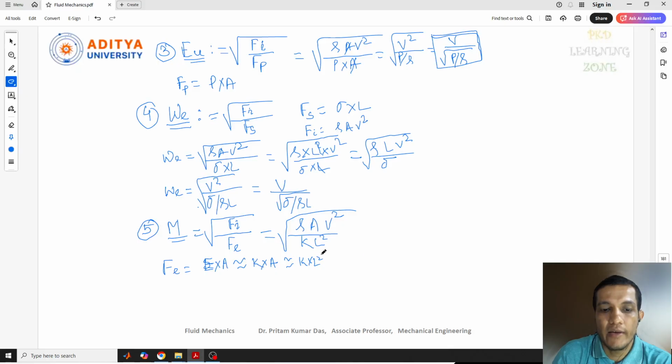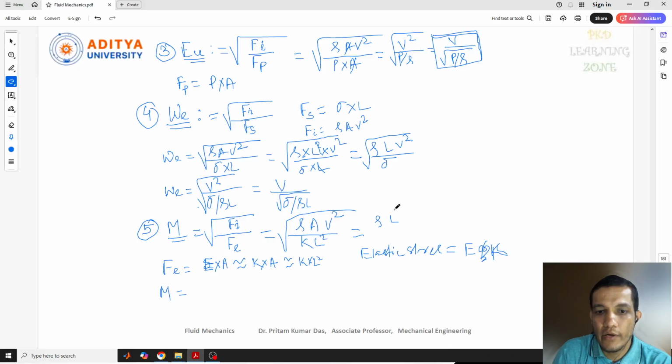Now K is what? K we can define, this is elastic stress. K is nothing but elastic stress. This one we can write E or K. Okay, now just cancel this one. We can get M equal to, let me write the same thing, rho A V square by K L square. Again A I'll write rho into L square into V square by K L square, root over this.